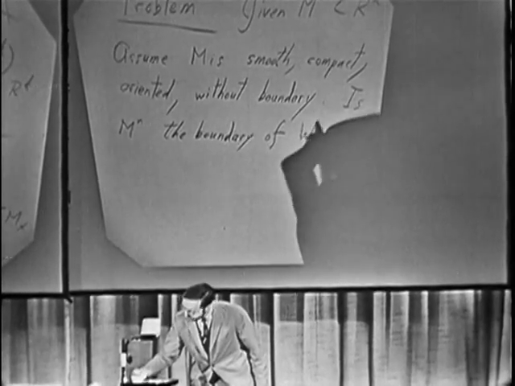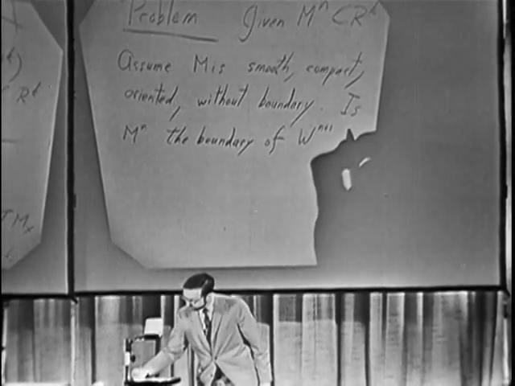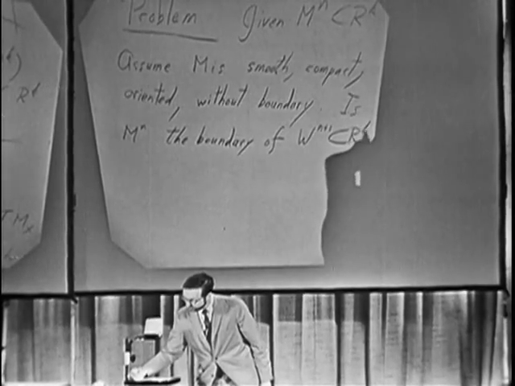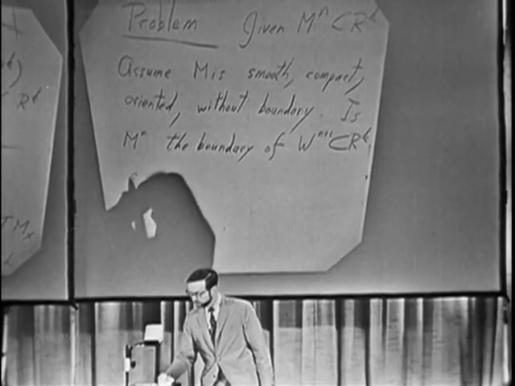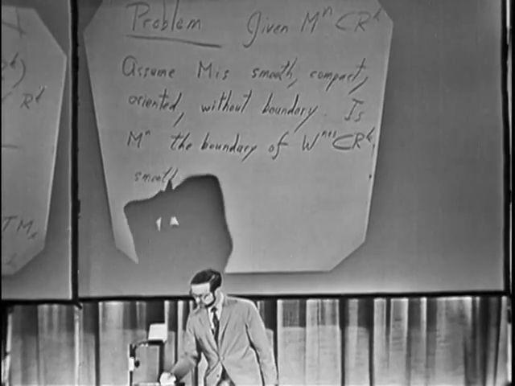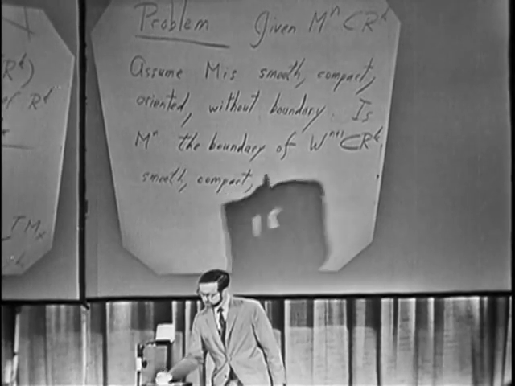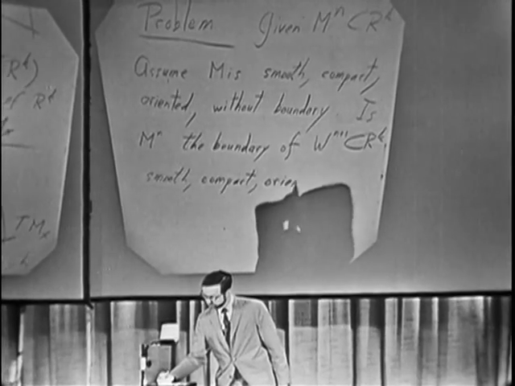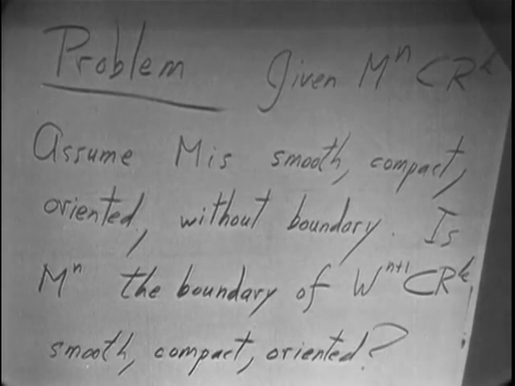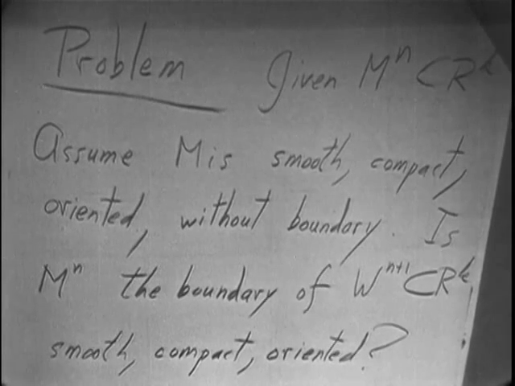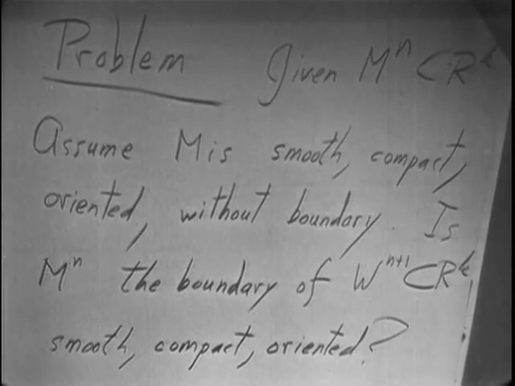So W^(n+1), let me think of it as also being embedded in R^k, where W^(n+1) should also be smooth and compact and oriented. This is a fundamental problem which gave rise to the subject known as cobordism theory.